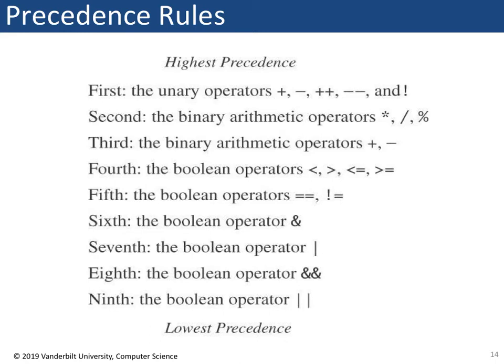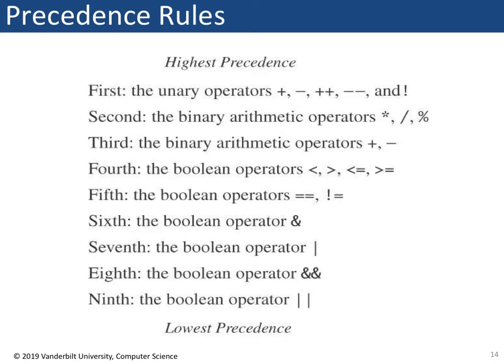Then the next are operators that you probably won't use very often, but a single ampersand is to be read bitwise and, and a single bar is to be read as bitwise or. We're not going to talk about these at this point, but understand where they fall in the order of precedence. You can find more about these in the book. If we need to discuss them, we'll discuss them at a later date.